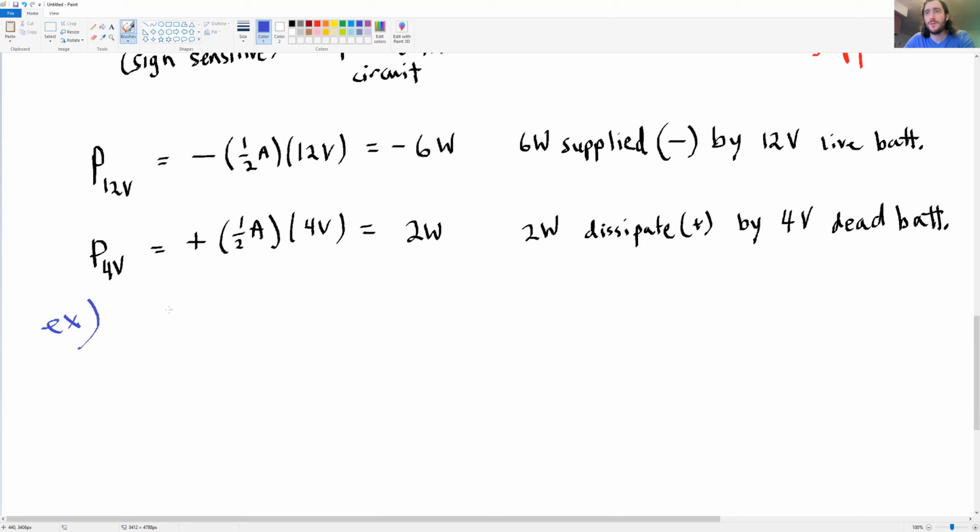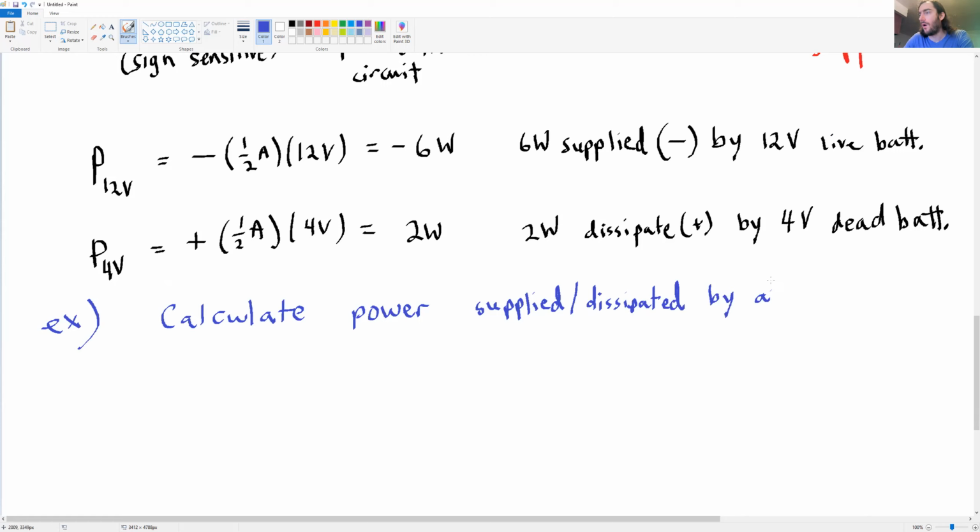So calculate the power supplied or dissipated by all of the elements in the circuit.